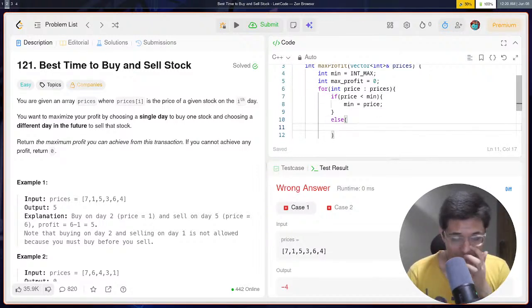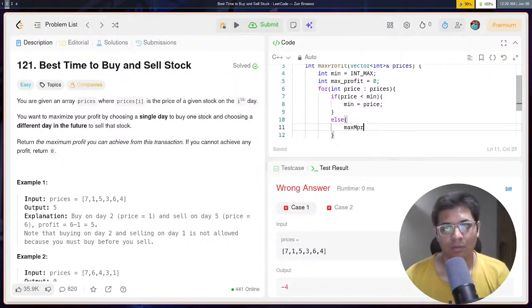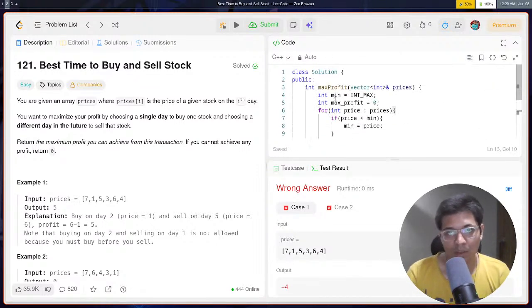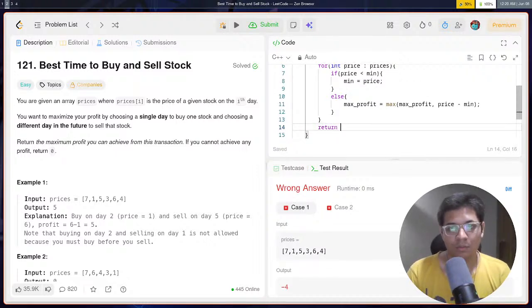Else, max profit is equal to the maximum of max profit and the price minus minimum price. That's it, and we will return max profit.